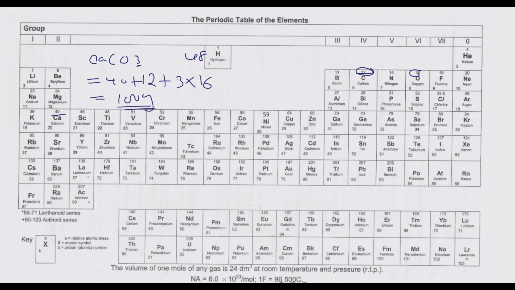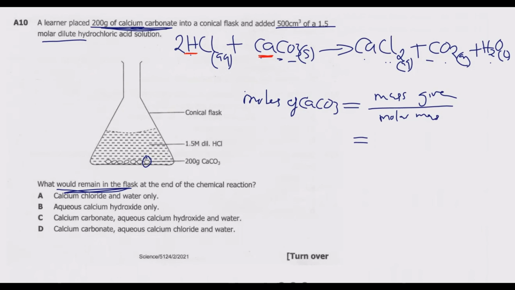So 1 mole of calcium carbonate has 100 grams. Now we divide what we've been given, which is 200 grams, by 100 grams, and we get 2 moles of calcium carbonate.